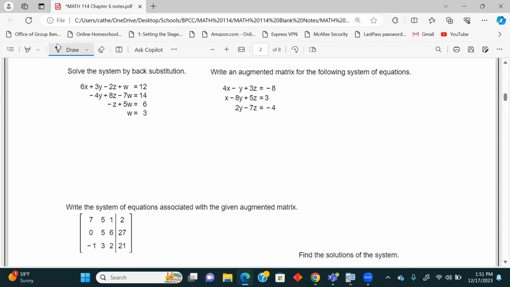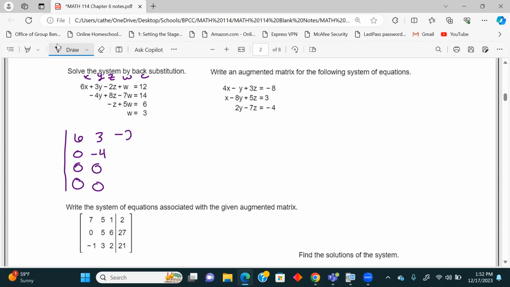So we're going to set up a matrix. It's going to be similar. You're going to have an X column, a Y, a Z, a W, and then a constant. The last three equations don't have an X, so we're just going to put zeros in. The second column are our y's. So we have 3, -4, and the last two don't have y's, so we're going to put zeros.